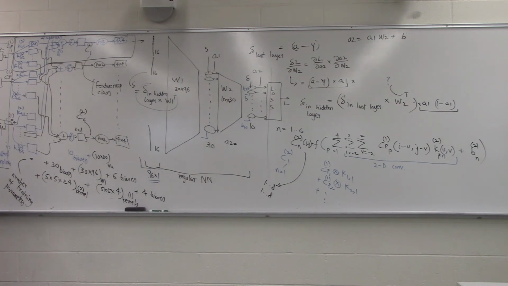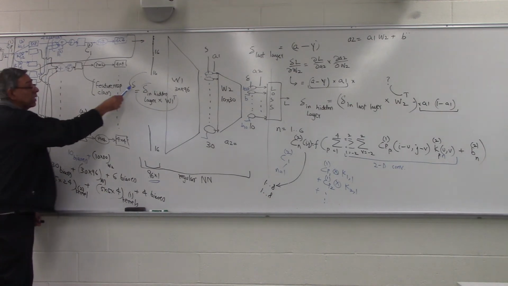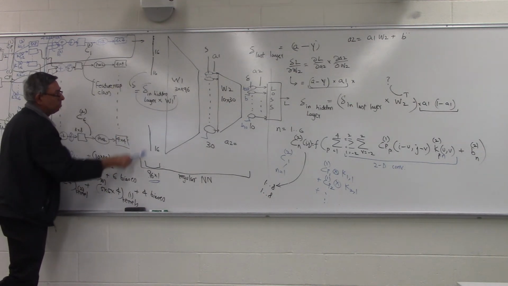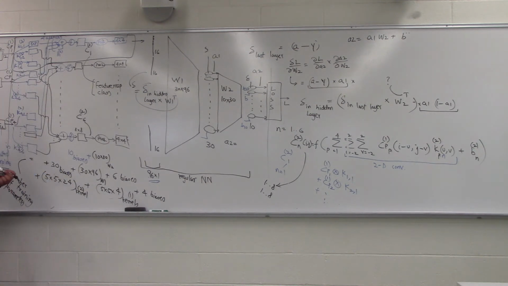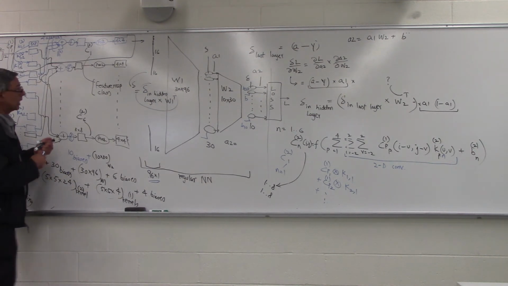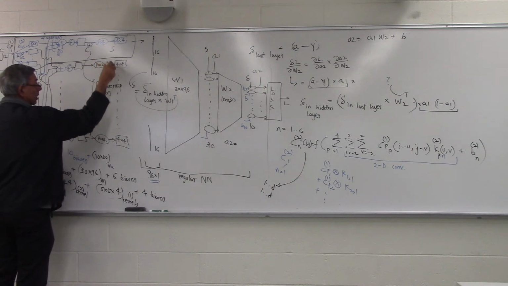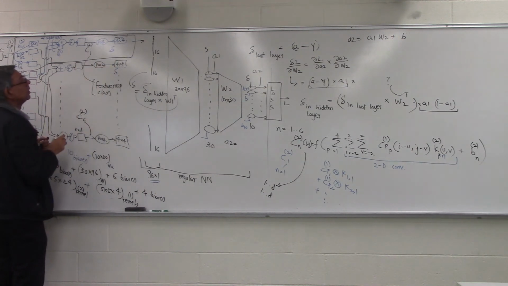Okay, so once we have computed the deltas in the flattening layer, how many values will we get over here for this delta? 96 values, right? So then what we need to do is compute the deltas over here. That's easy.